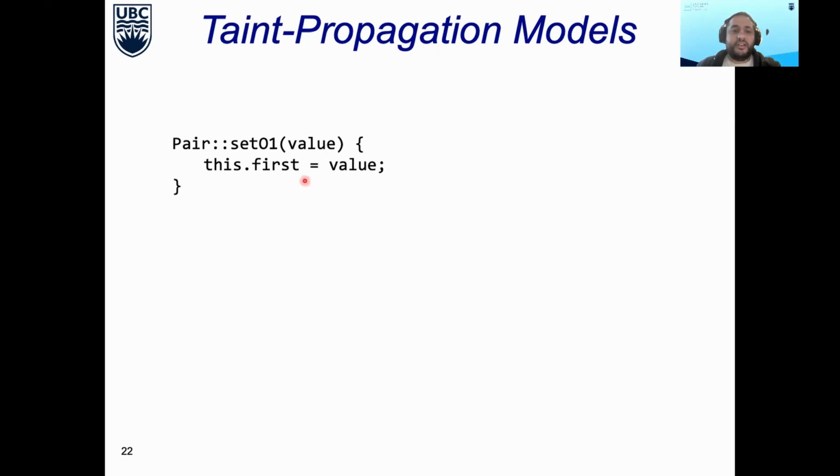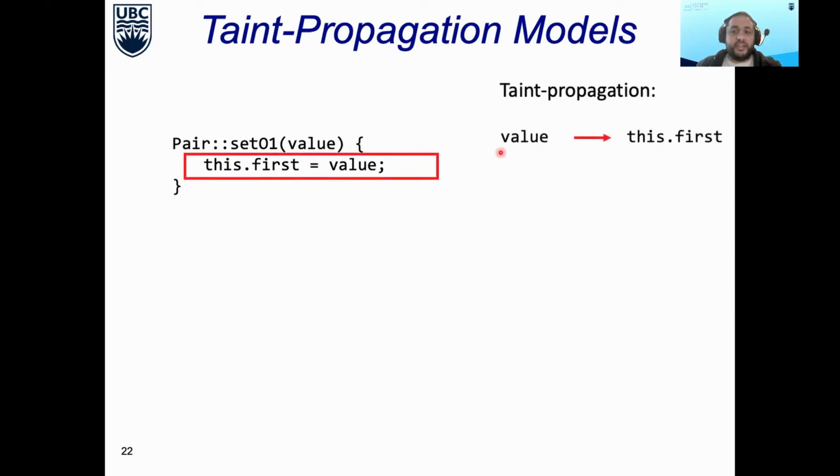For example, here's the method setO1 of the pair class. It sets the first member of the pair to the value variable that is passed as a parameter. In this method, if the value parameter is tainted, the taint propagates from the value parameter to the field that's called first of the receiver object.